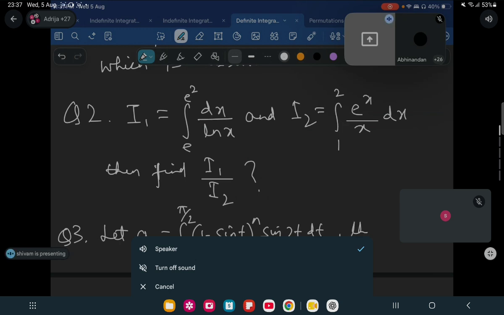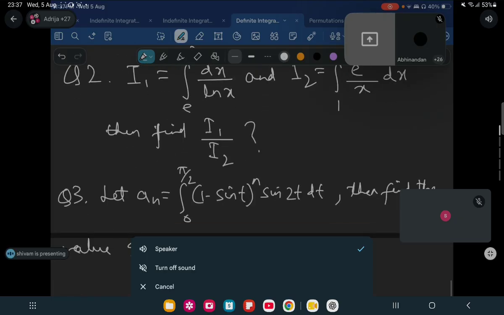Then find the value of the limit as n tends to infinity of the summation from k equal to 1 to n of ak by k. Quickly solve.